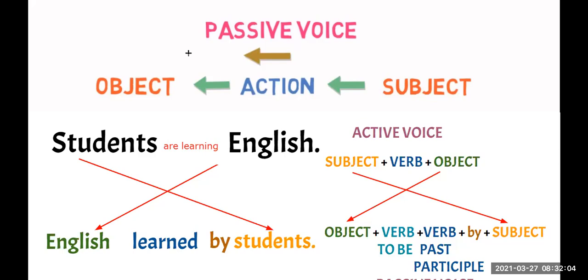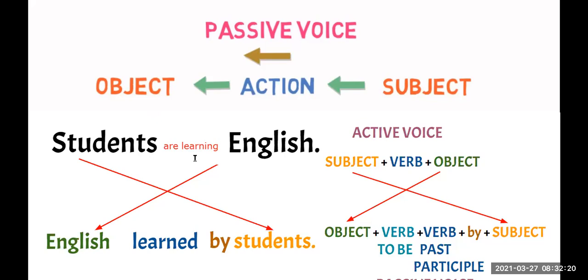The students are learning English. Have been could be, teacher. What tense is this? Present continuous.